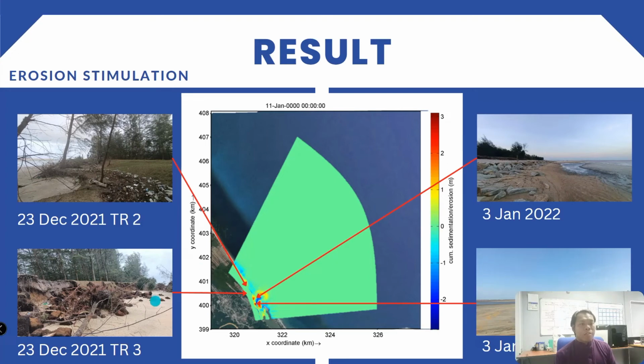On transect 2 and transect 3, it shows that the beaches have eroded. Then for here, the picture taken on 3rd January 2022 indicates accretion at the river bank near the river mouth of the Pahang Tua River. The model also shows significant agreement with the images taken in the field survey.